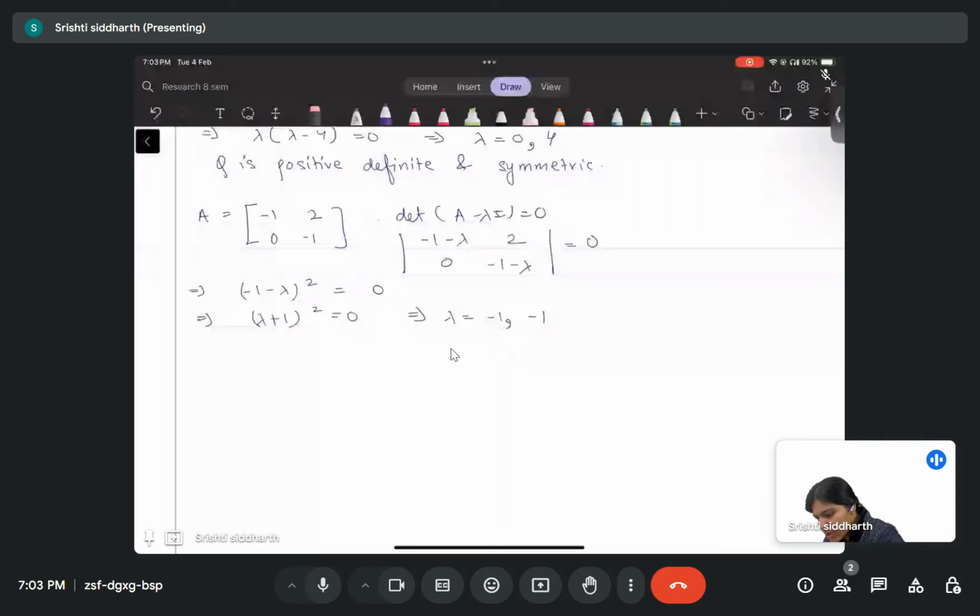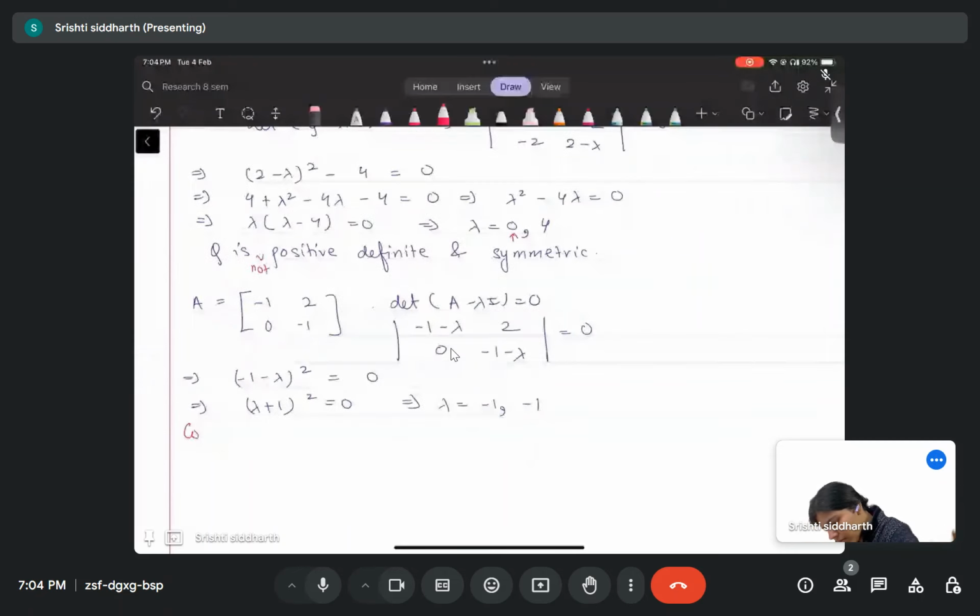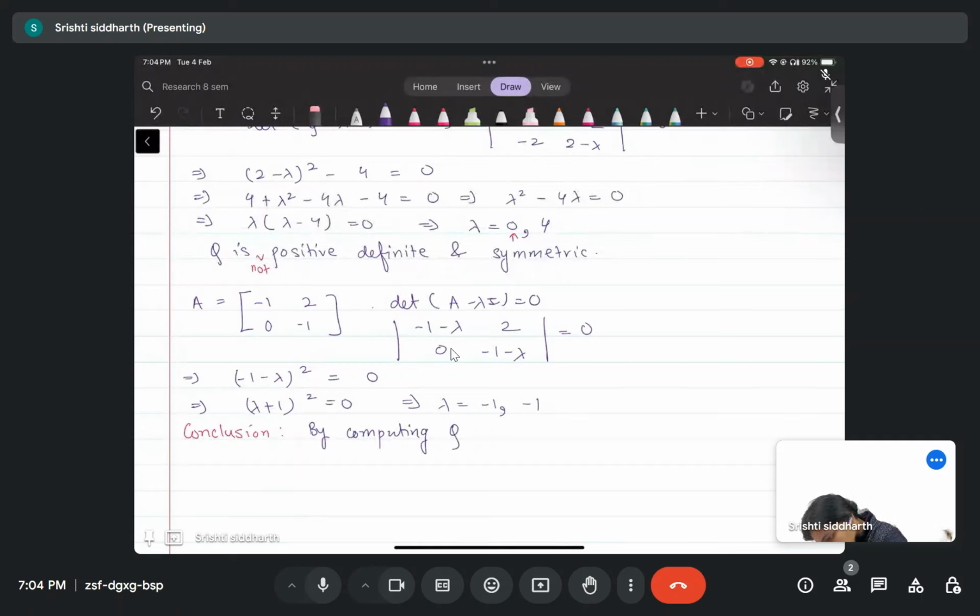Okay. So the conclusion which we get from here is, given Q and given P, we cannot conclude the stability of the system.